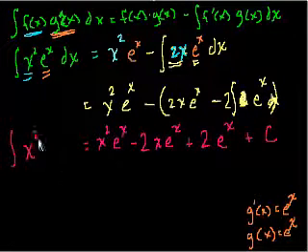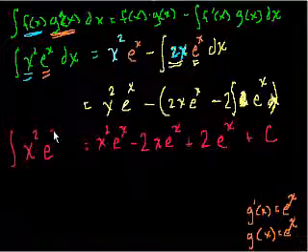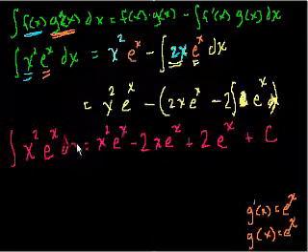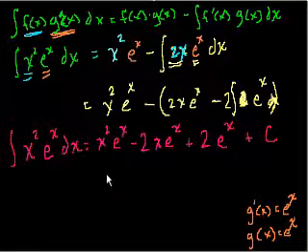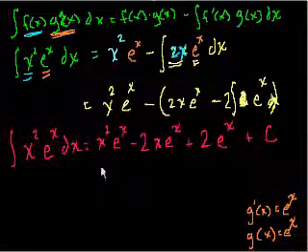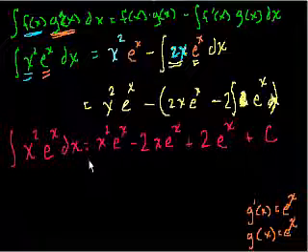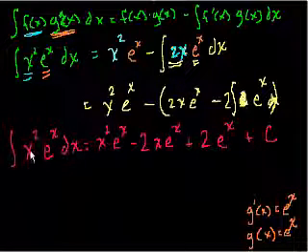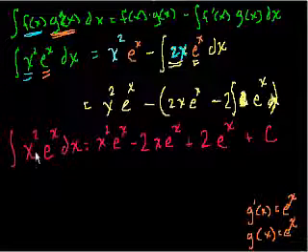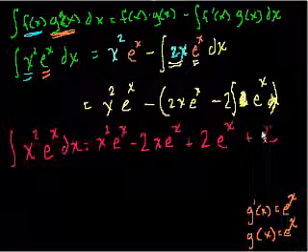We figured out the antiderivative, or the indefinite integral, of x squared e to the x is this big fancy thing. I bet before listening to this video, you would never imagine that you could tackle integration like this. And you could actually try x to the n times e to the x. You could try x to the 10th times e to the x, and you'll just have to do this many times.